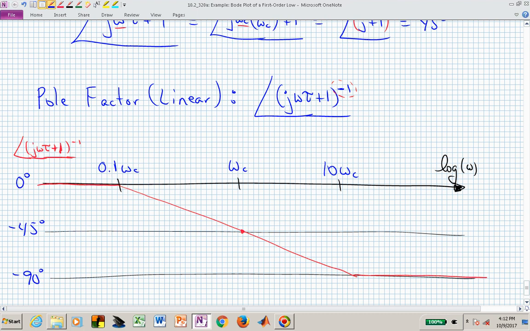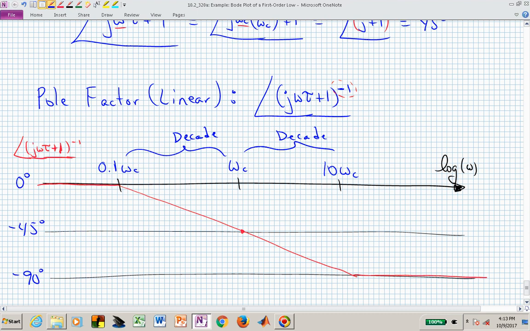It's a straight line, 0 degrees. We then have this slope of minus 45 degrees per decade. Here is 1 decade, and here is another decade, which means our angle transitions between its two extremes over a 2-decade interval. It turns on its slope a decade before the break. It turns off its slope a decade above the break.